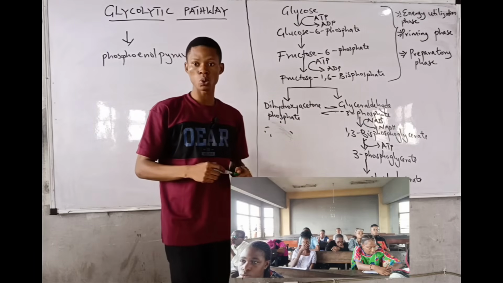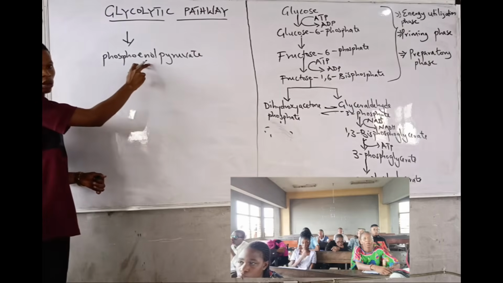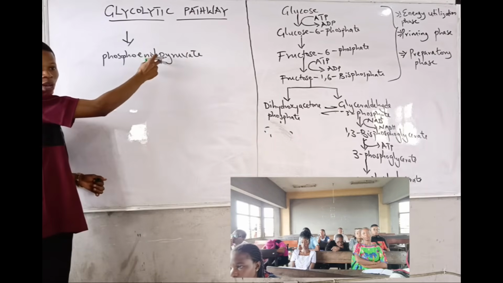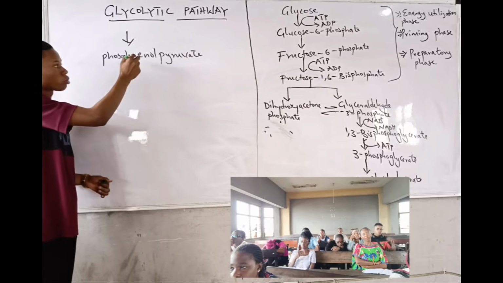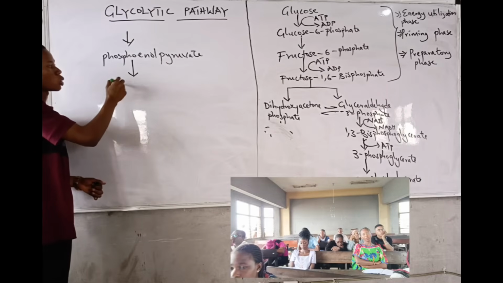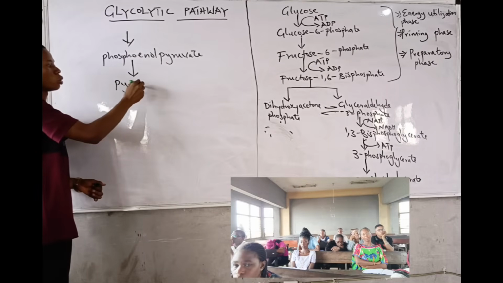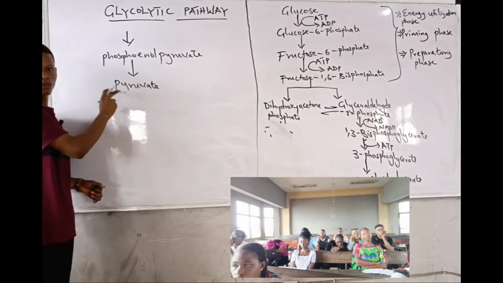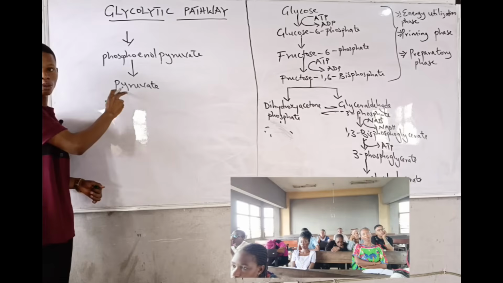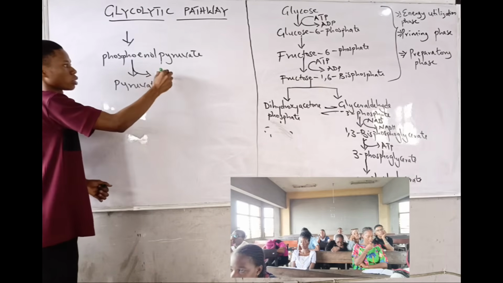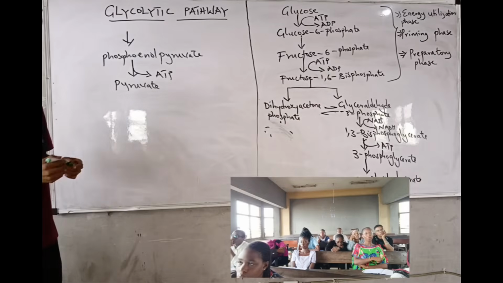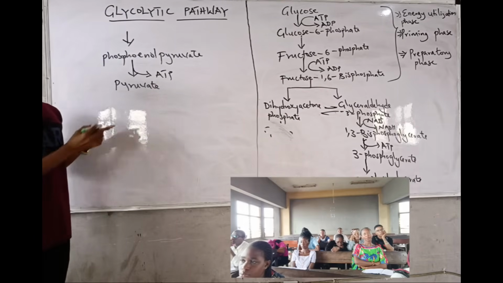On position 2. How many phosphate groups do we have here? Still 1, right? Phosphoenolpyruvate. We are still hearing the phospho there. It means we did not release any phosphate group. From phosphoenolpyruvate now to what? Pyruvate. Good. Are we still hearing phospho here? No phospho again, right? It means we've given our phosphate as what? ATP. Now, this is the end of the glycolytic pathway.